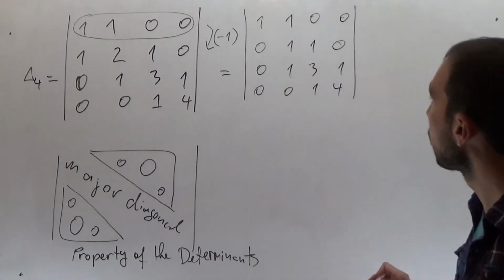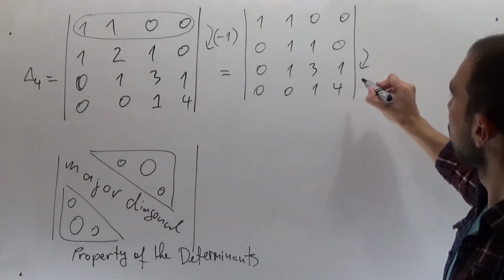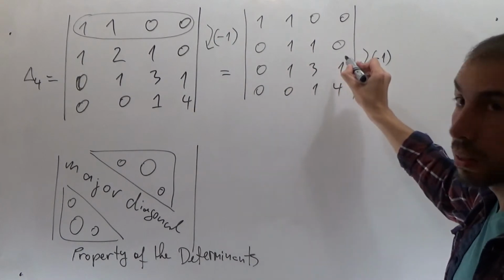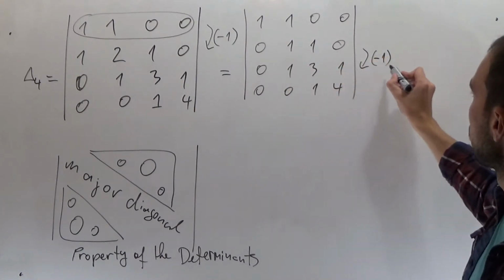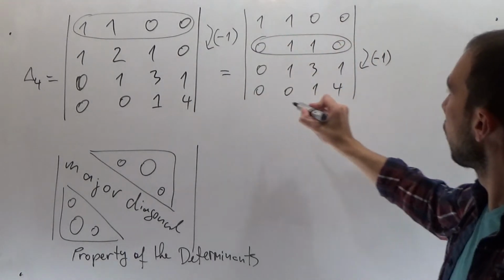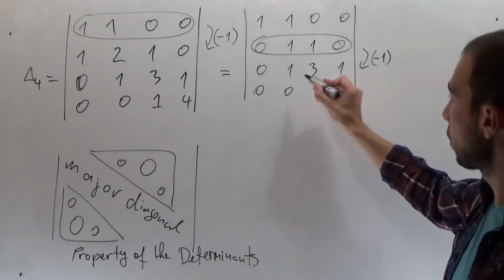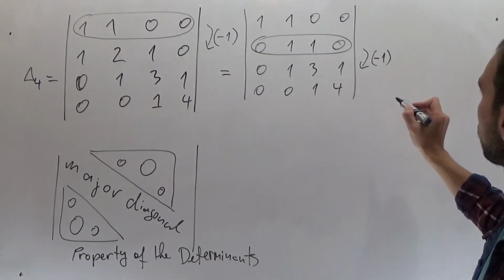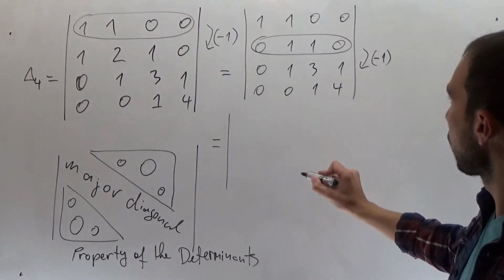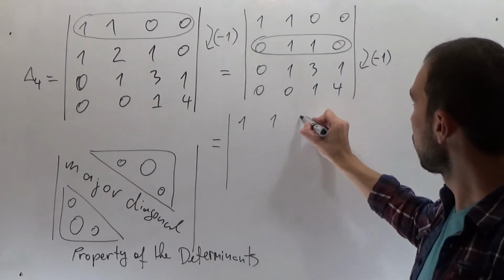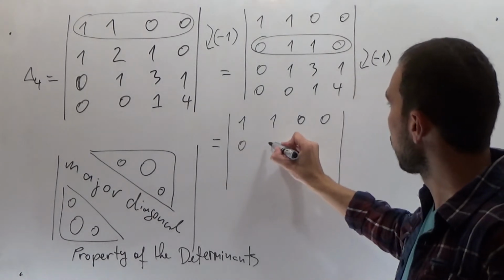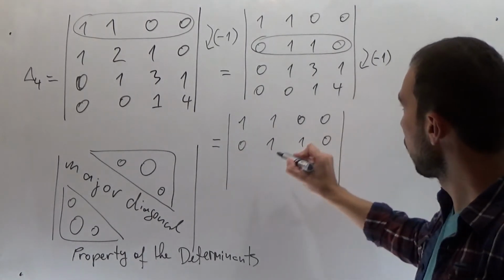Okay, now I'll multiply the second row by minus 1, and I will add the result to the third row. Okay, first row is unchanged, second row as well.